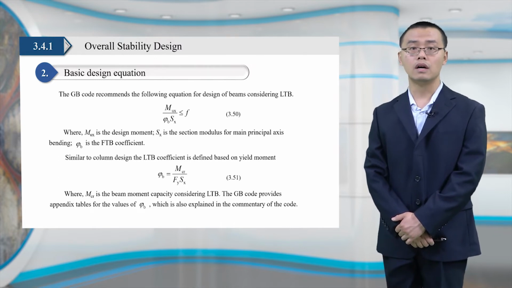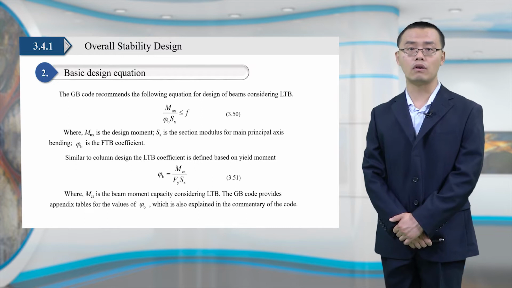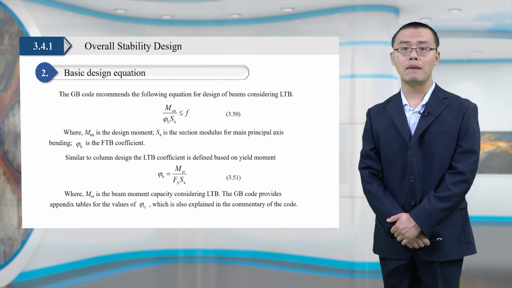The GB code provides appendix tables for the values of phi B, which is also explained in the commentary of the code.